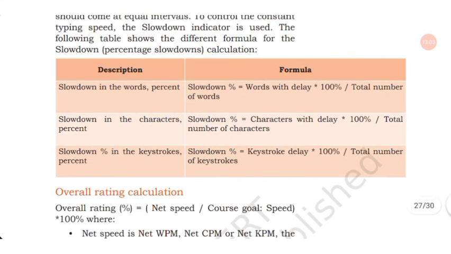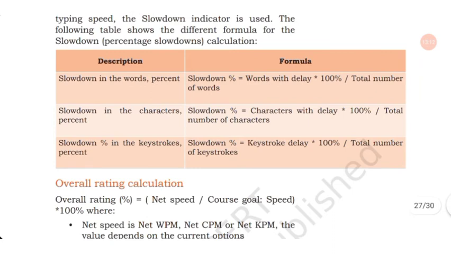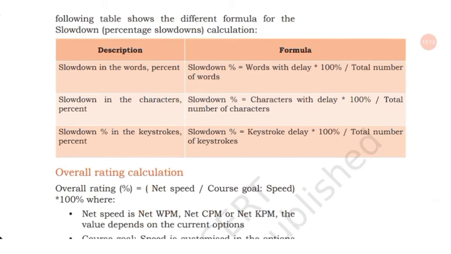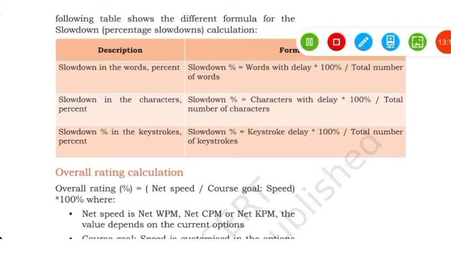Then next is the slowdown indicator, which is used to control constant typing speed. It is used to find out the slowdown percentage, that is delay, that is, after one key press how much time we spend to press the next one.